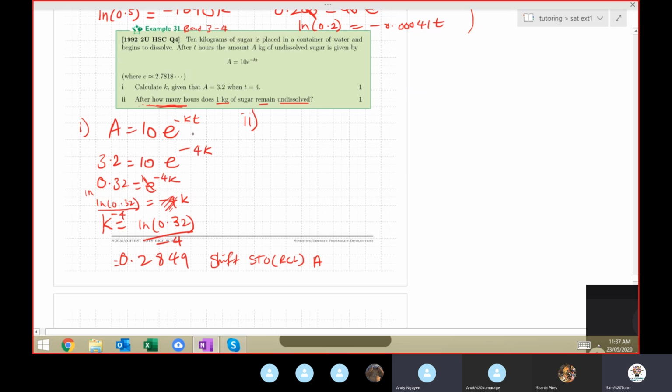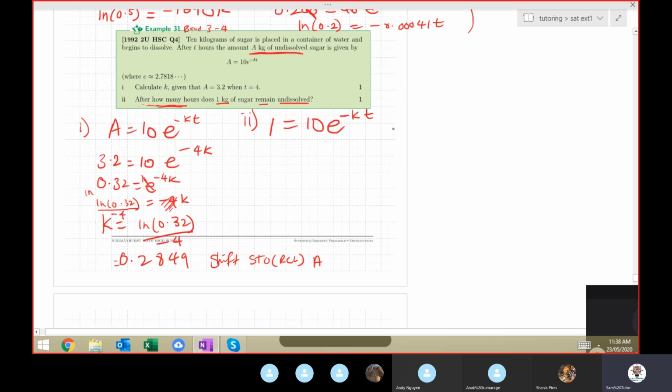Oh, T. You're solving for T. What do you have? You've already got A. What does A stand for? Undissolved sugar, so A is 1. You already have k, but instead of writing it down, maybe just leave it as k. It's probably a bit easier.